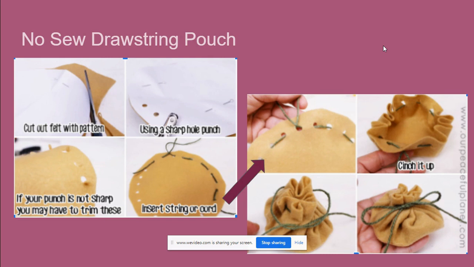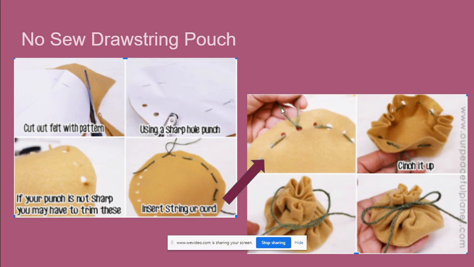If your punch is not sharp, you may have to trim those edges. And then you would insert string or cord or a shoestring or ribbon, something that you can tie with. And then, of course, you're going to go in and out of the holes all the way around the edges until you get back to the first hole that you started in.